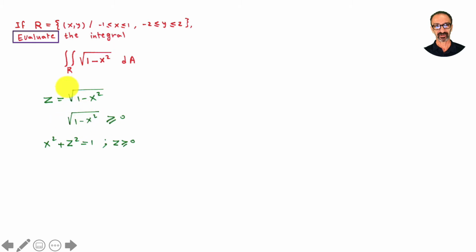Also, if you simplify this or rewrite it differently, it's like x squared plus z squared equals 1. That's a cylinder, because we're in 3D. Going with x and z, and y is loose, so y changes, so we are going with y centered at the origin.